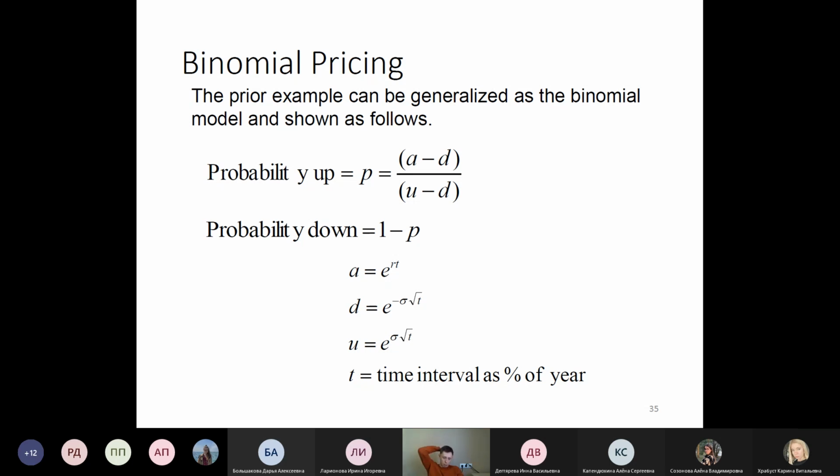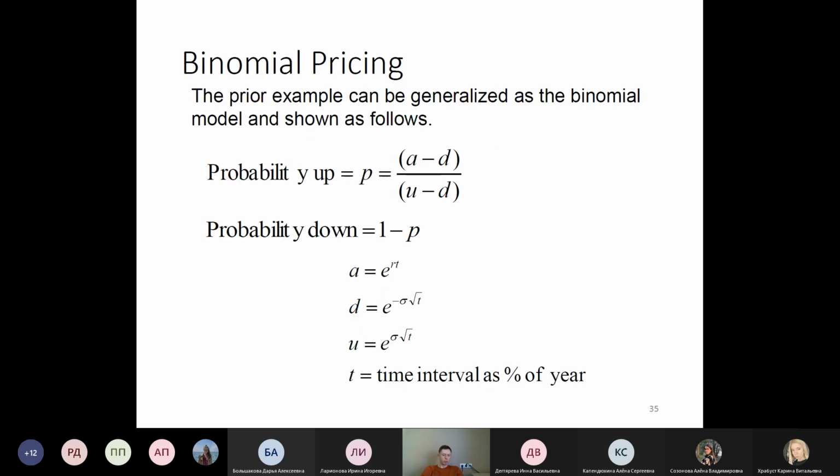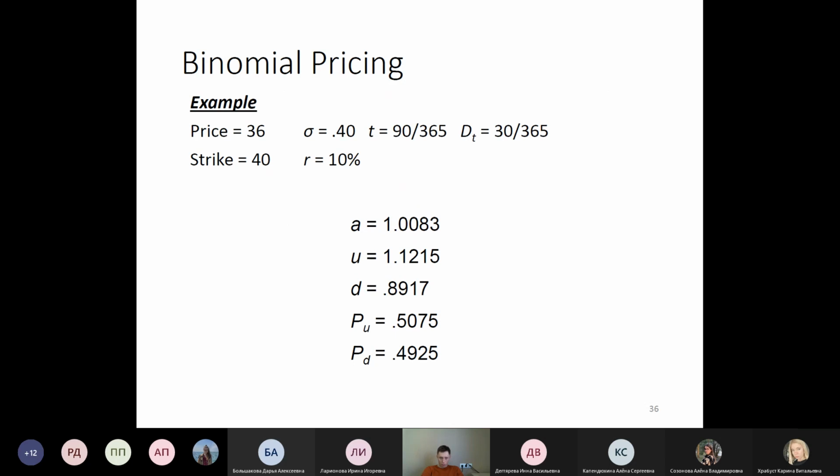They basically depend on the expected return, standard deviation, and the time period that we work with. Then we can estimate everything directly. Actually, not the expected return but the interest rate, standard deviation, and the time period.